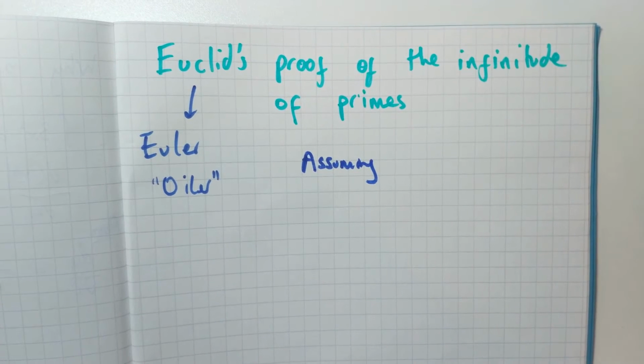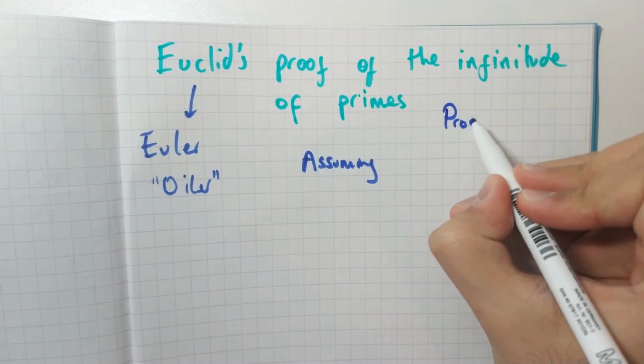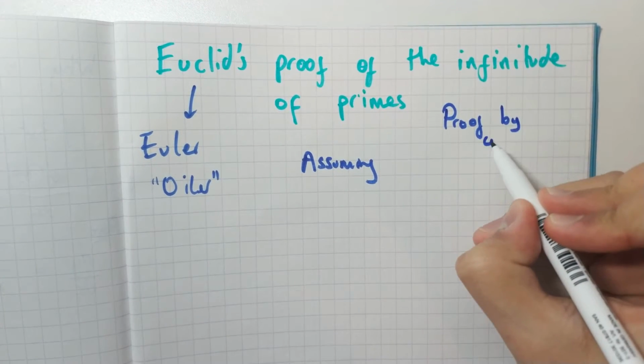The proof starts off by assuming that there are finitely many primes, because remember it was a proof by contradiction. That's going to be the method.